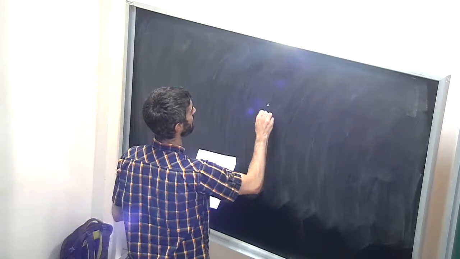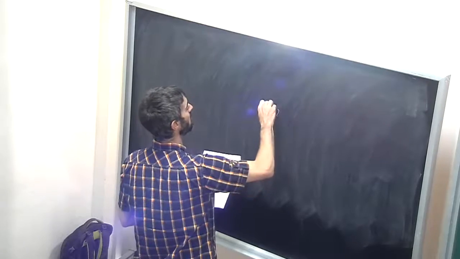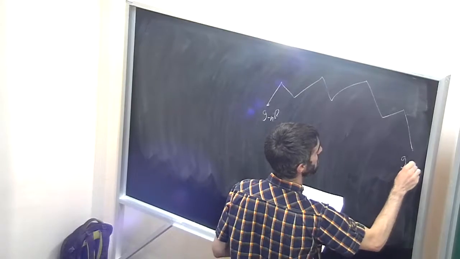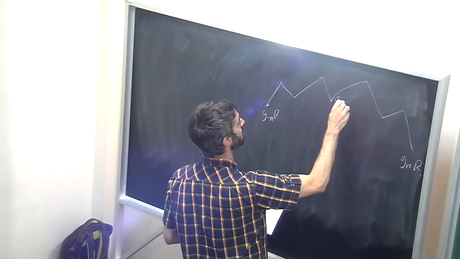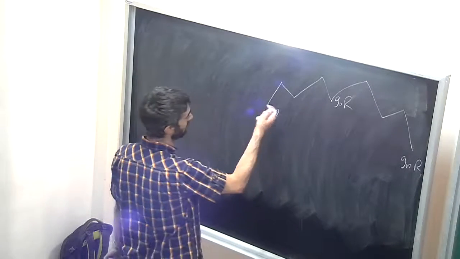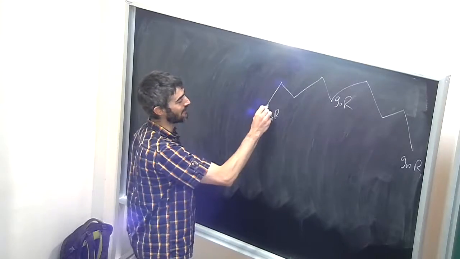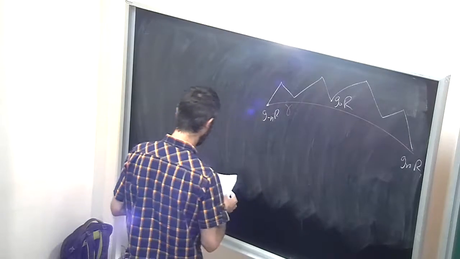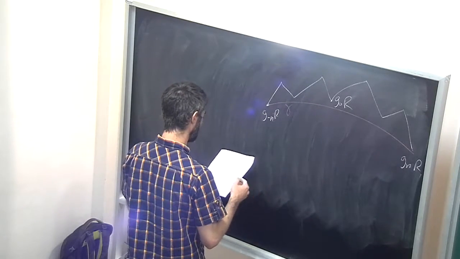Okay, so let me draw a picture. So here I have G minus n rho, and I have my Cayley graph, whatever, and here's Gn of r, and in the middle I have G0 of r. And this is some quasi-geodesic that we now know is strongly contracting. So if I take a folding path between its two endpoints, which we know exists, or you could do a rescaling path and then a folding path. I could take a folding path, which I guess I already used gamma. Oh, yeah.